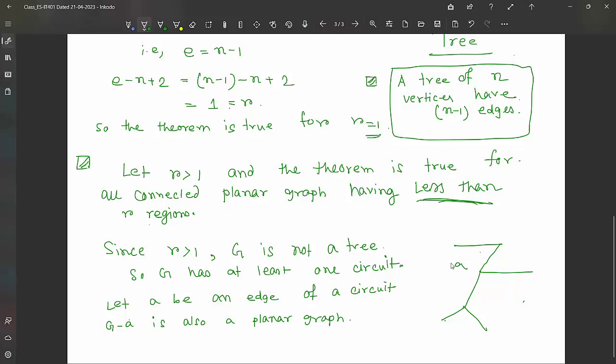Now this G minus A is also a planar graph, since this G minus A is actually a proper subgraph of the graph G. Now due to removal of this edge A, these two regions of this graph, this is region 1 and this is region 2, now combine into one region. Did you notice that?